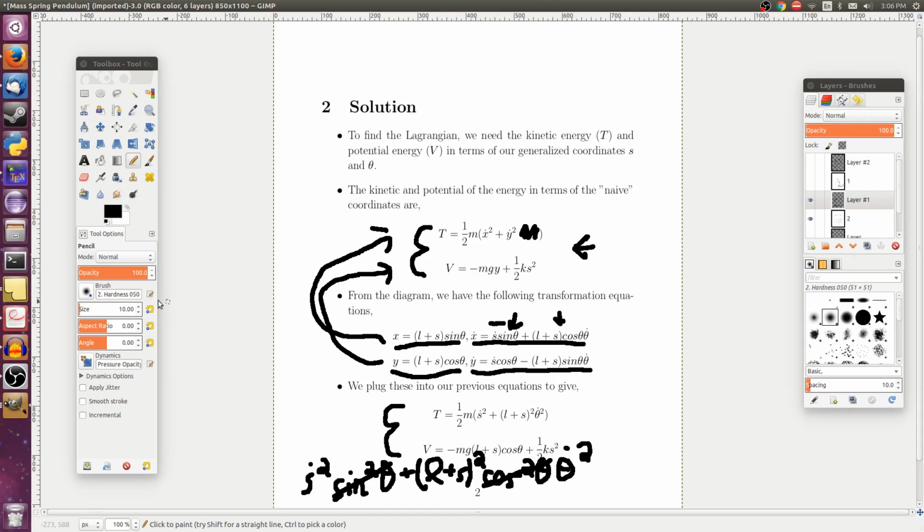And luckily the second part is a little bit easier, because we're just plugging in y, so that's negative mg (L plus s) cosine theta plus 1/2 k s squared. And the reason our potential has that minus sign is it doesn't matter where we set our 0 reference point.